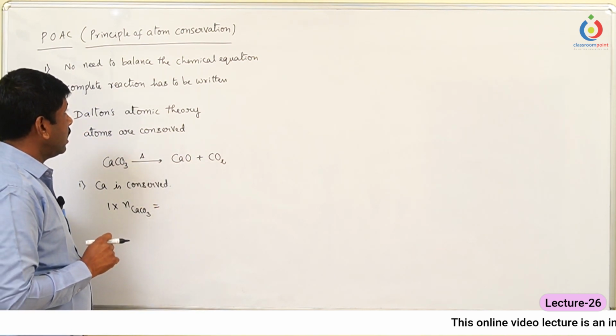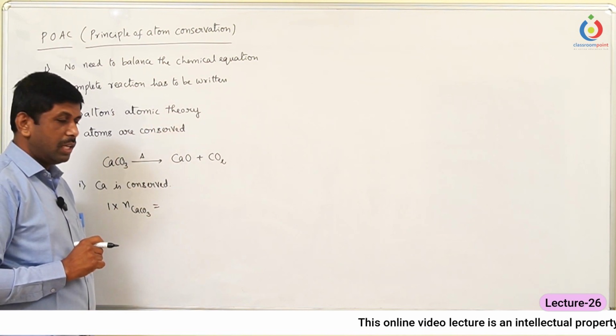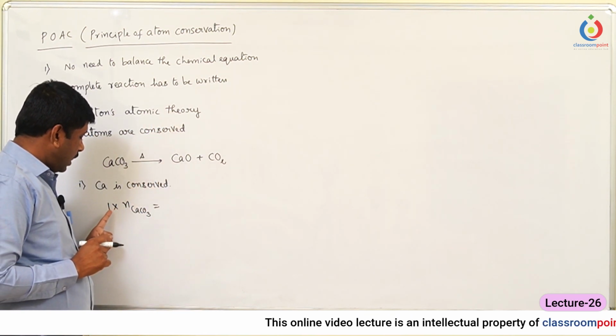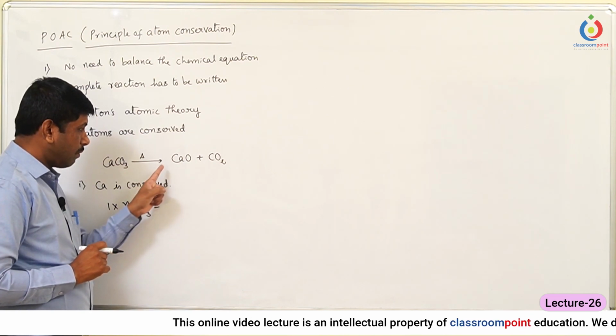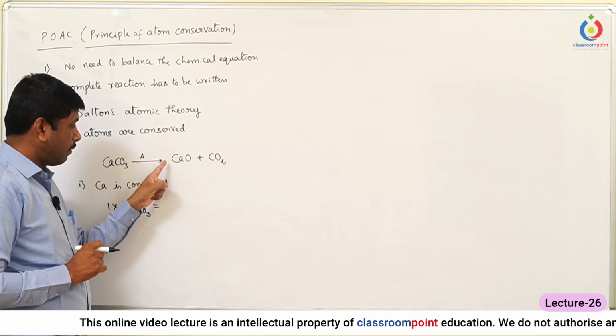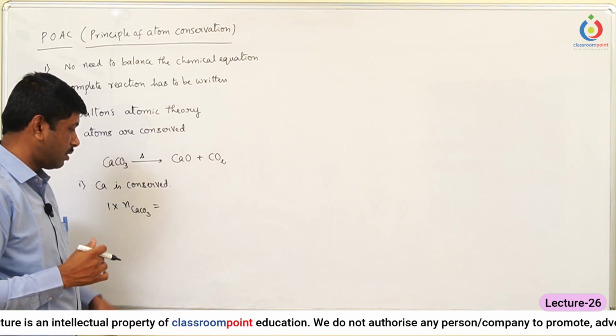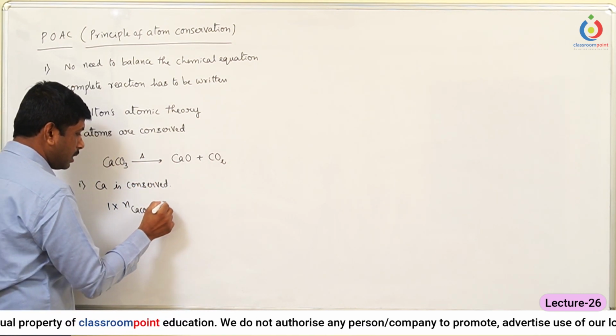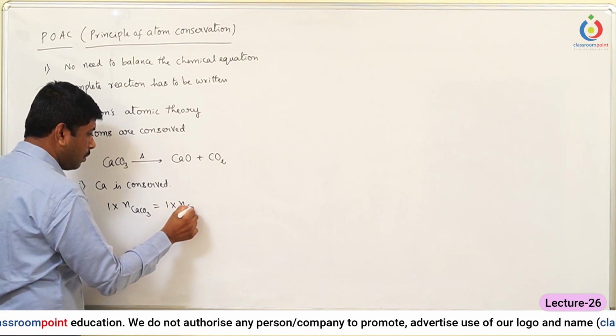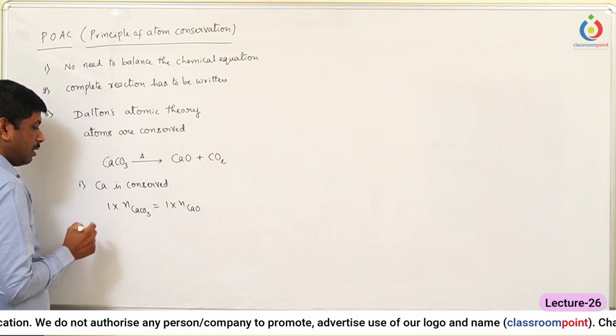See that, as I said, it is not necessary to balance the chemical equation. The number of atoms we consider must be taken from the single molecule, not from the stoichiometric coefficient; stoichiometric coefficients are not required. So here one calcium is present: 1 into number of moles of calcium oxide.